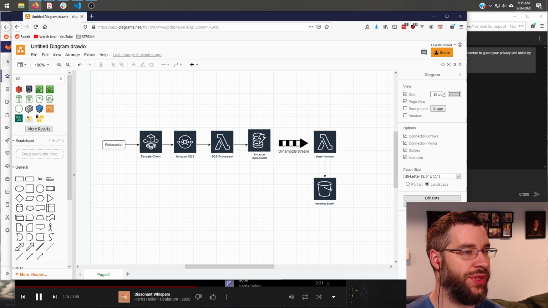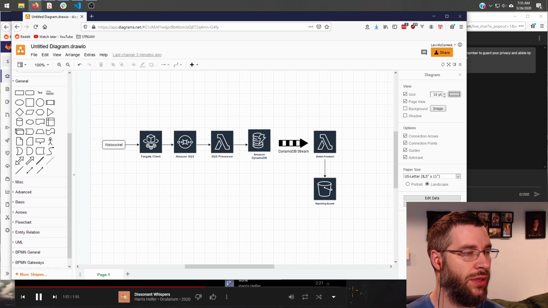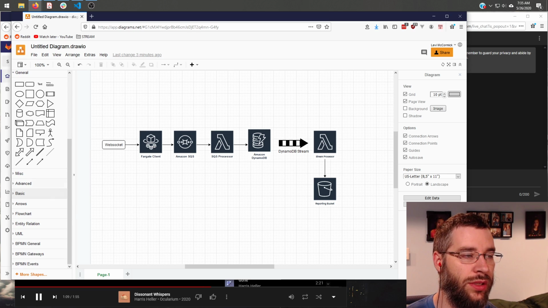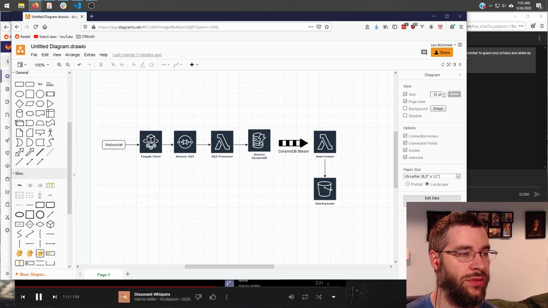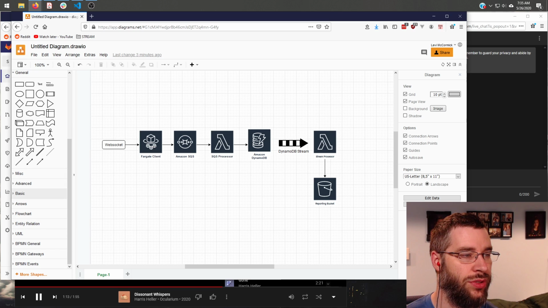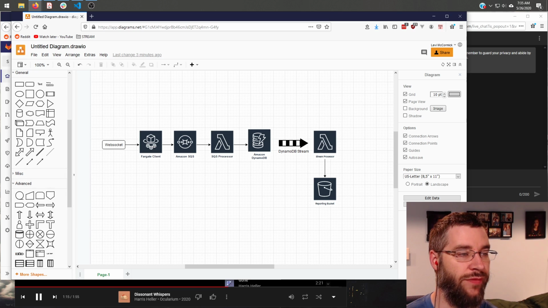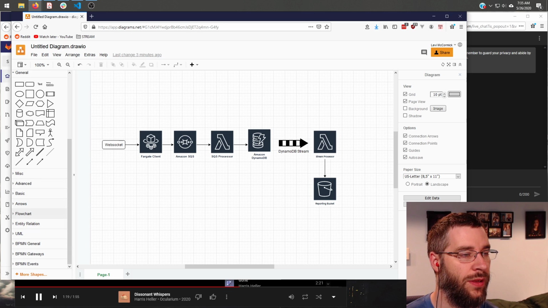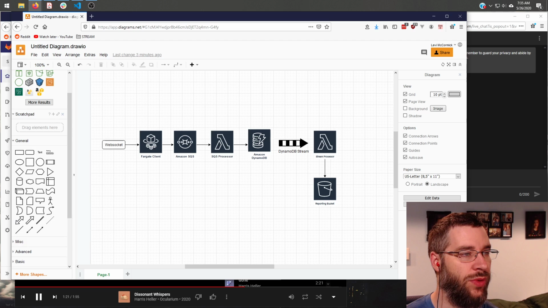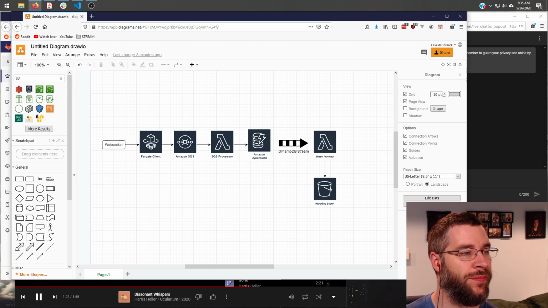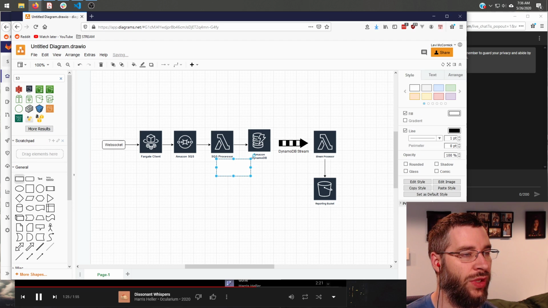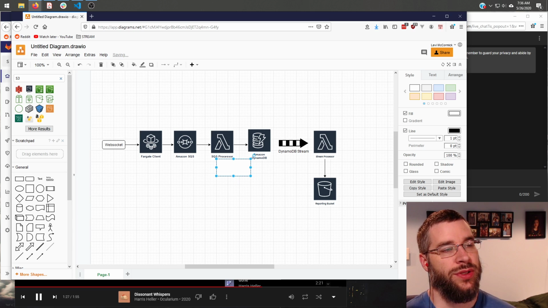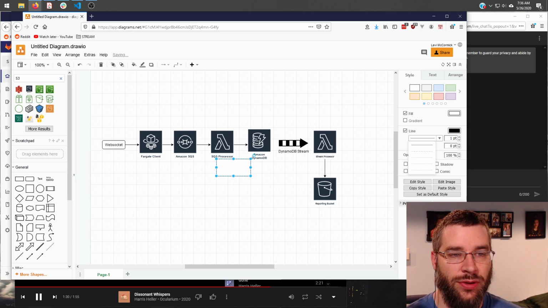Let's draw some boundaries here so that we can advance shapes. Let's see, what can we use for... So just making a regular rectangle here.